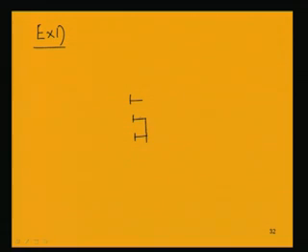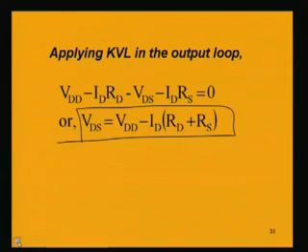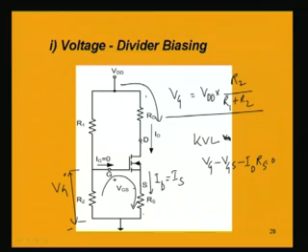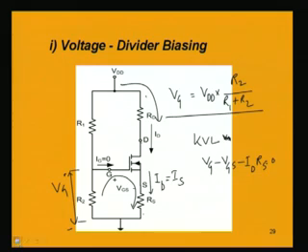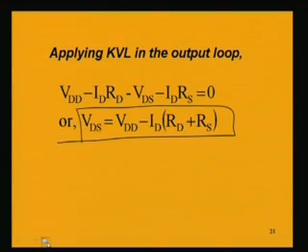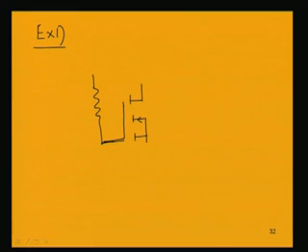This is N channel, as is symbolized by this symbol. So, we are taking this only, and we are having a resistance of 10 meg ohm.